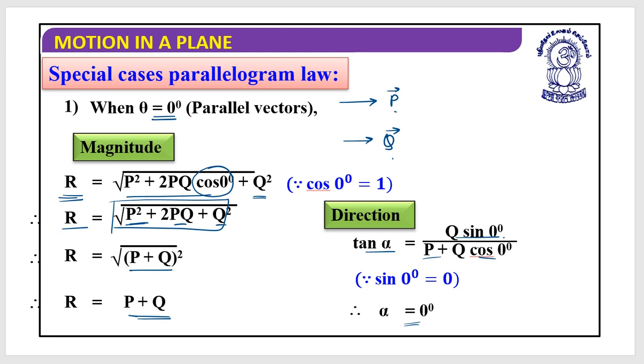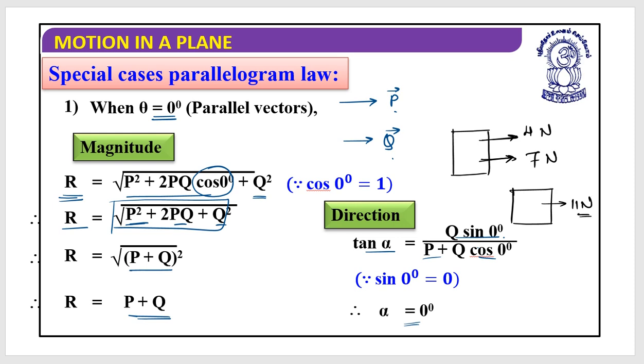If you understand this case with a practical example, this is something we have been doing probably from the ninth class. Suppose there is a block, and a force of 4 Newton is applied on it and another force of 7 Newton. If these two forces are acting in the same direction, the resulting force will be equal to 11 Newton.